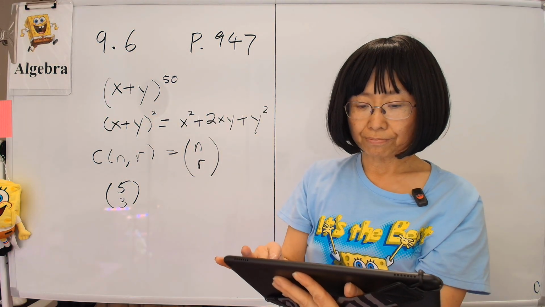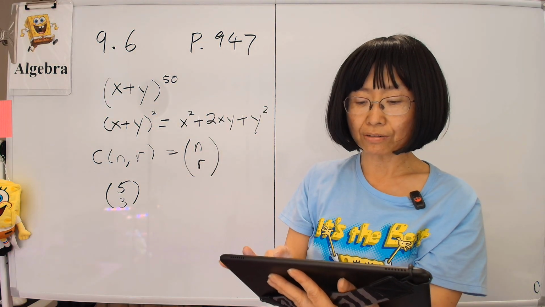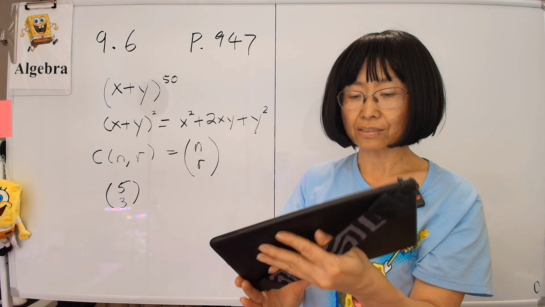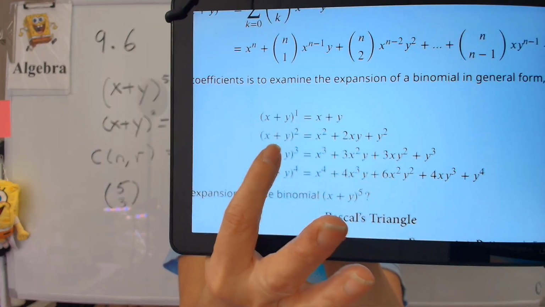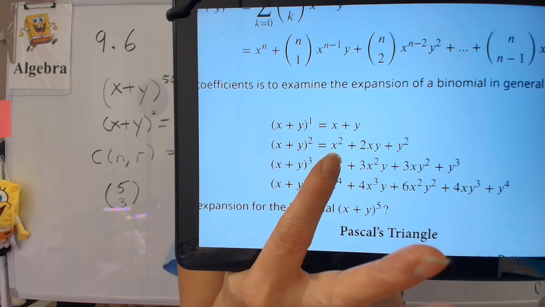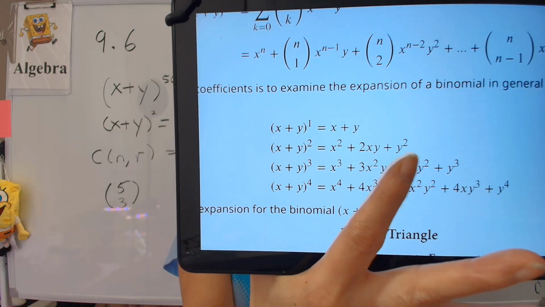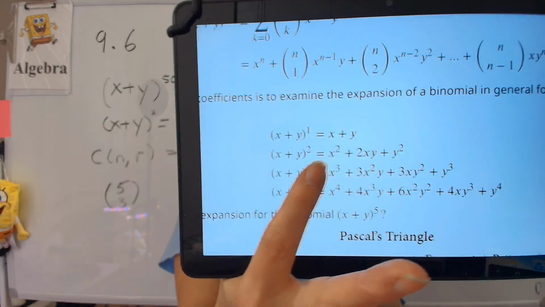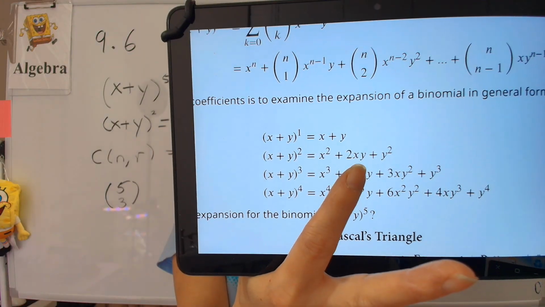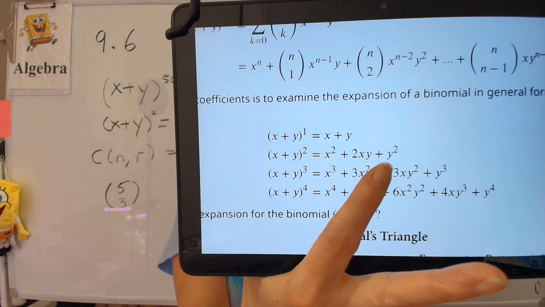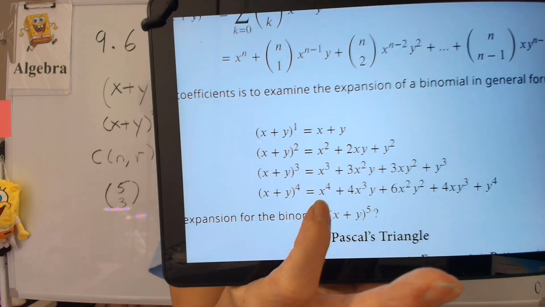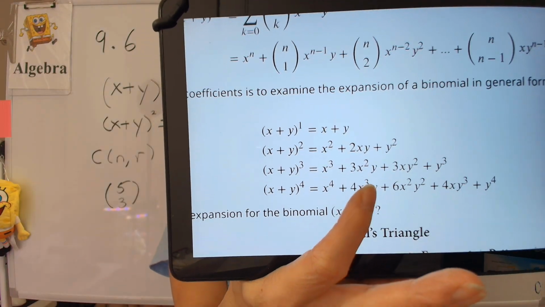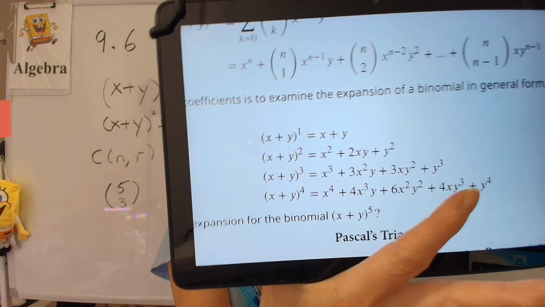Now notice how the powers of the x's go up and down. For example, the power of x starts at x squared, and then goes down to x, and then goes down to nothing. Whereas y starts at nothing, and then goes up to y, and then goes to y squared. The same way as here. In the fourth power, the x starts at 4, and then goes down to 3, 2, 1, and 0.